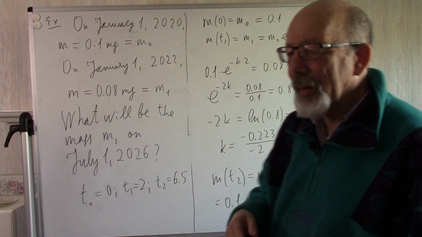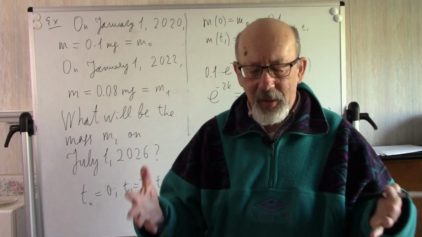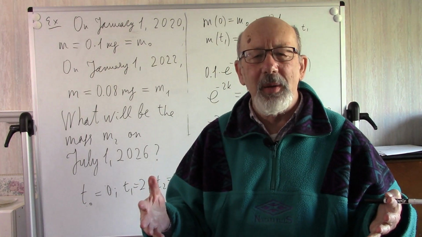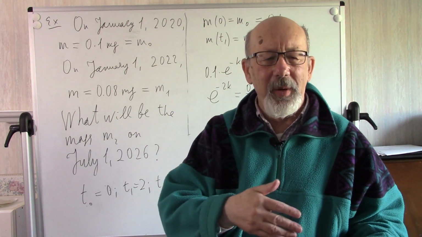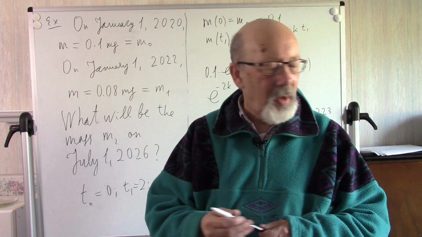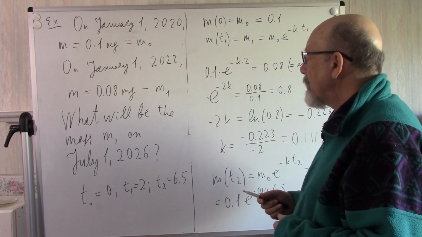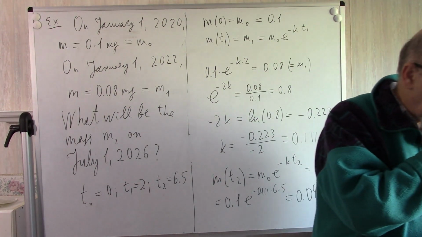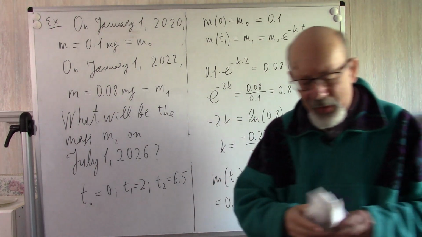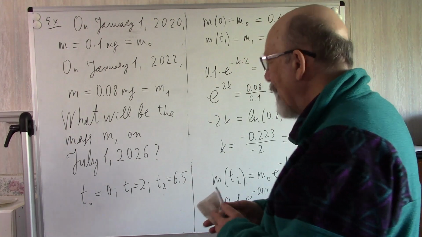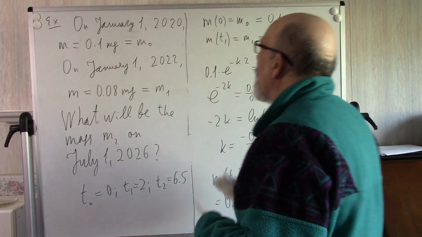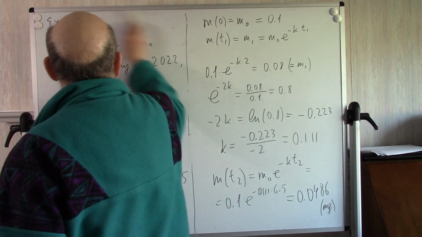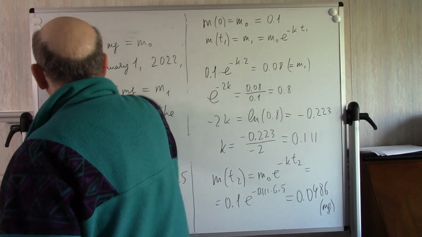Or we can start from the half-life and find K and then find this amount. So, that's it. Now I wanted to proceed further. I wanted to look again at our formula.